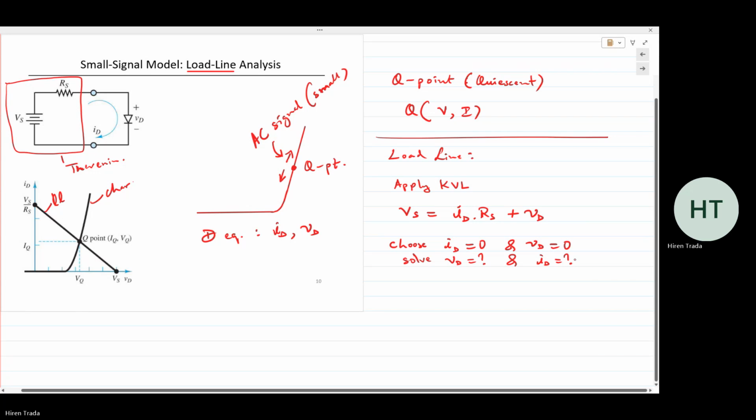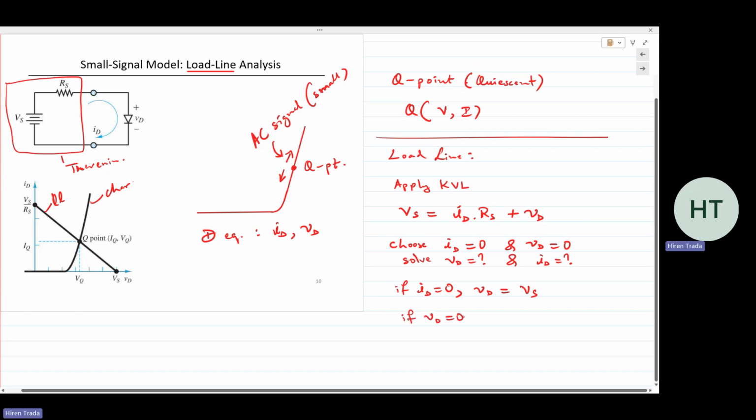If ID is equal to 0, then VD is equal to Vs. That's one endpoint.